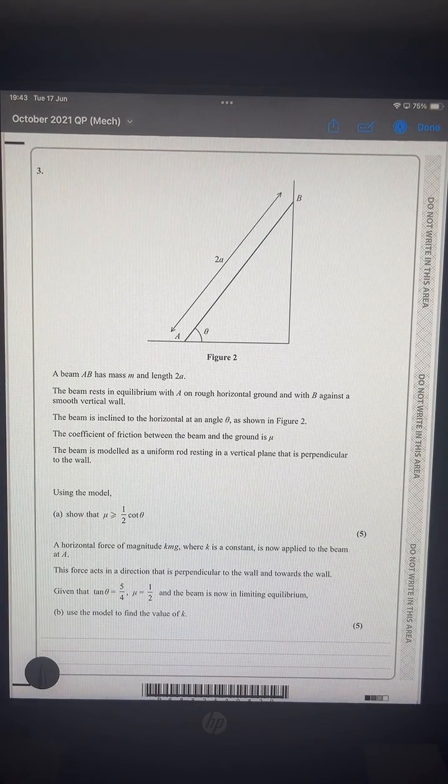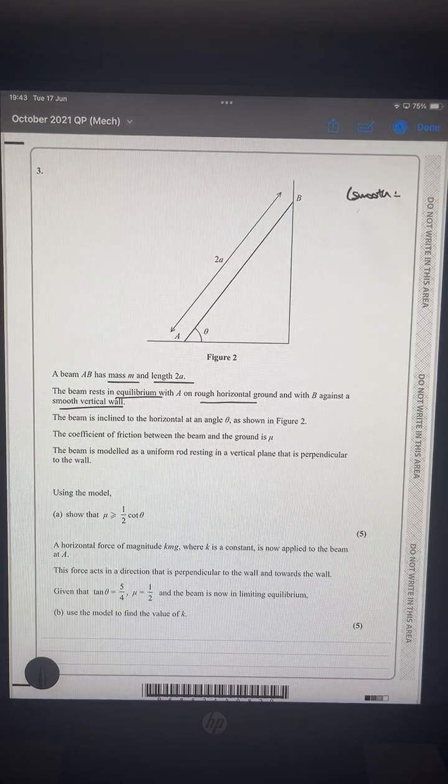So, reading through the question, beam AB has mass m, length 2a. The beam rests in equilibrium with A on rough horizontal ground with B against a smooth vertical wall. So, the wall is smooth. Therefore, no other forces except the normal reaction force. And I know that the floor is going to be rough.